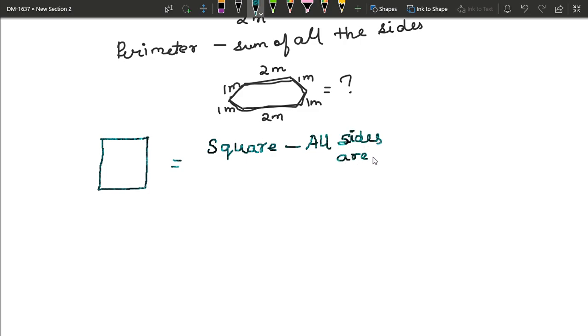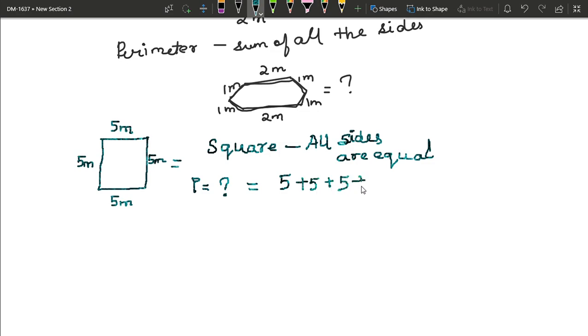Now suppose I take this as 5 meter, this also 5 meter, this also 5 meter and this also 5 meter. If I ask you to find the perimeter of this, what will you say? It is basically 5 plus 5 plus 5 plus 5. So this is the perimeter, and you will get the answer as 20 meter. Now don't you think that here we are repeatedly adding the same number, that is 5?